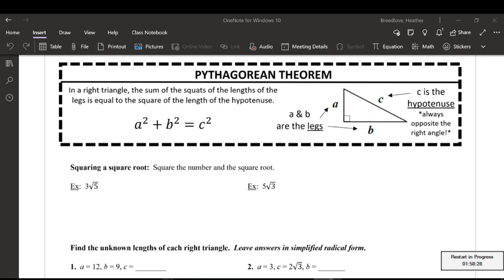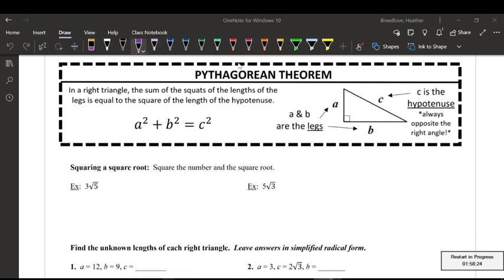That's not what it's supposed to say; it should say squares, not squats. Squares makes more sense. The sum of the squares of the lengths of the legs is equal to the square of the length of the hypotenuse. So a squared plus b squared equals c squared.